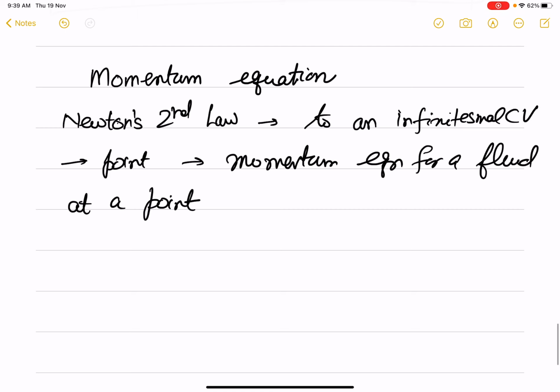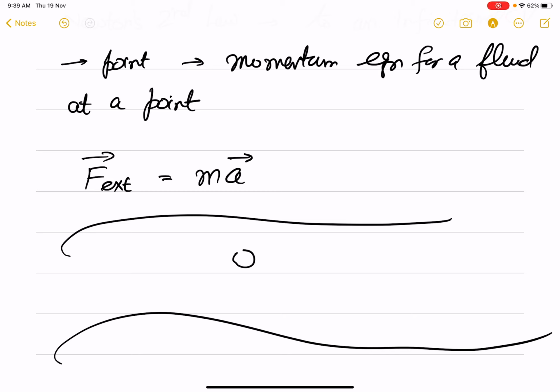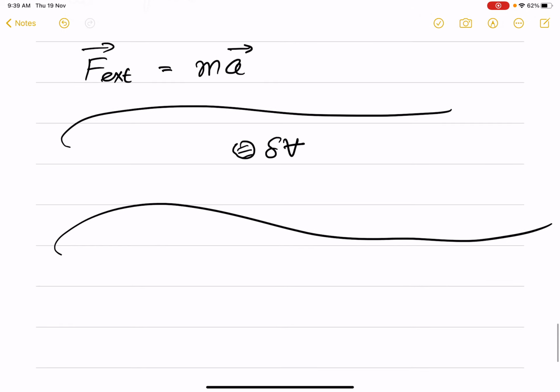Now Newton's second law tells us the sum of external forces is equal to m times a, if viewed from an inertial frame of reference. So now once again this is our fluid and we are looking at some infinitesimal volume delta V. If we now try to look at external forces acting on this volume, the external forces are of two types, surface force and body force.